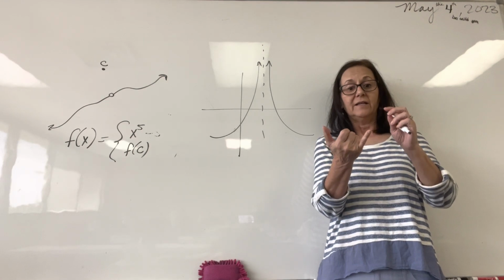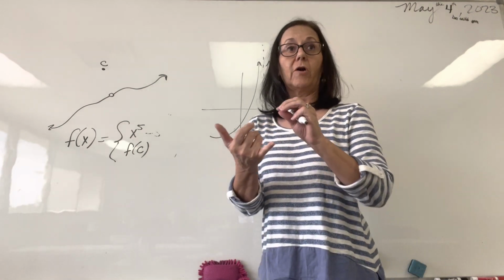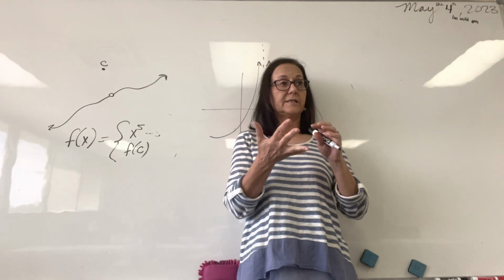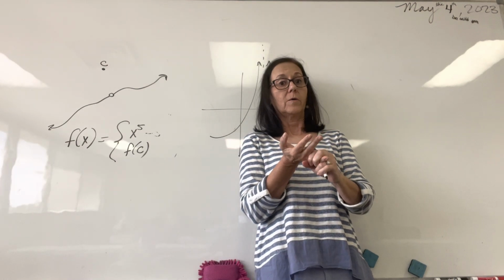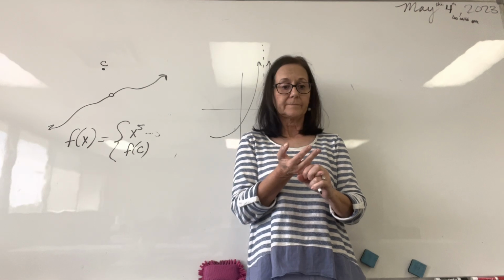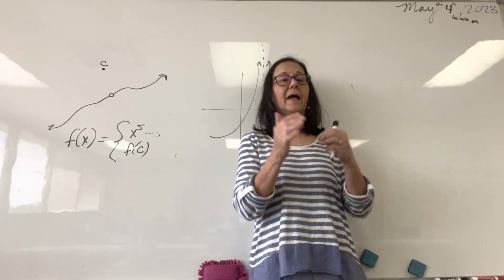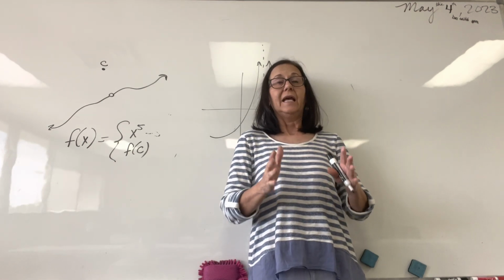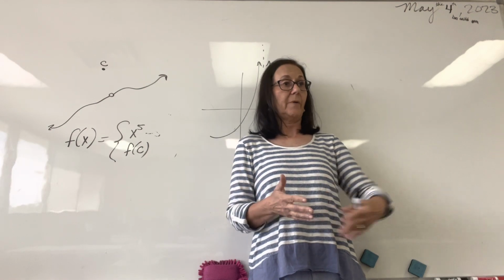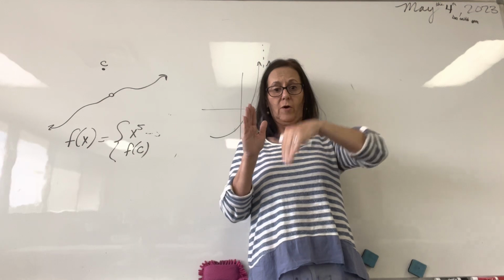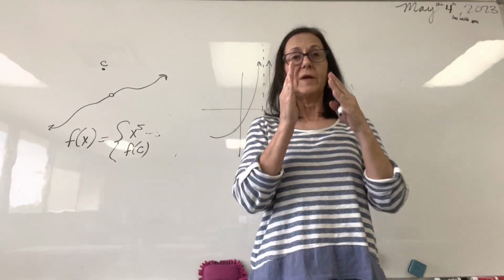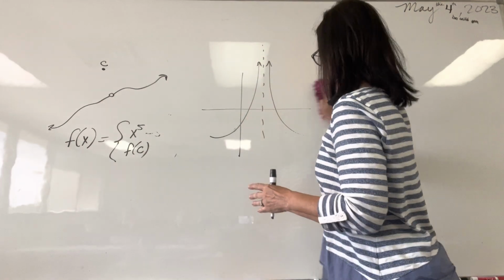We can use calculus to see where there are holes. We can use it to see where there are asymptotes, vertical or horizontal. We can say, is the behavior of the graph going to positive infinity, or going to negative infinity?